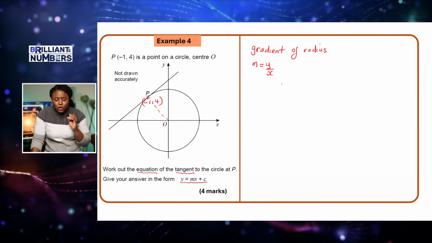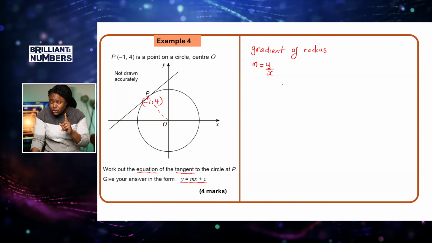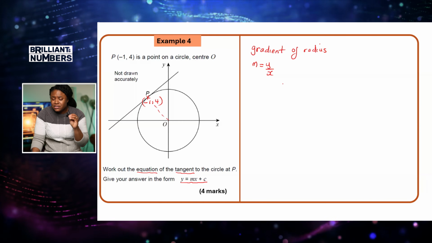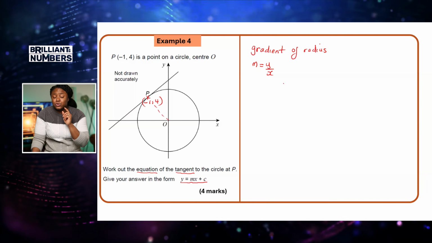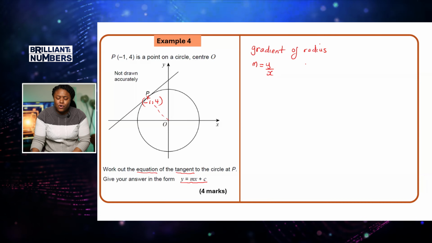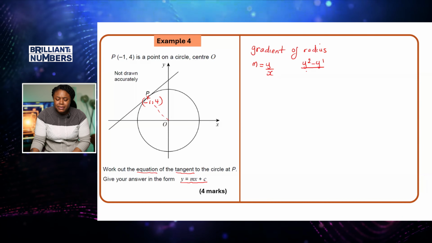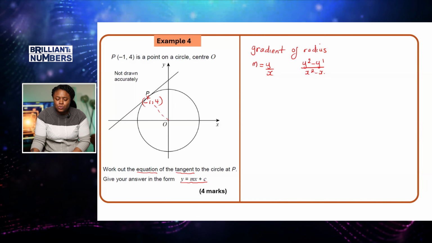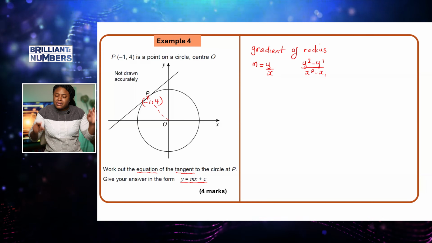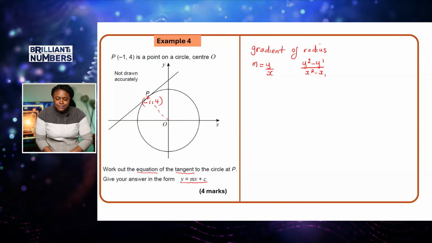When we're working with the origin, we do not have to do y2 take away y1, but I'm going to do it just because if they had given you 2 points on a line and asked you to find the gradient, I need to remember how to do this. So from 2 points, the formula for gradient is y2 take away y1 divided by x2 take away x1, where y2 and y1 are the start and end points, and same for the x coordinates as well.